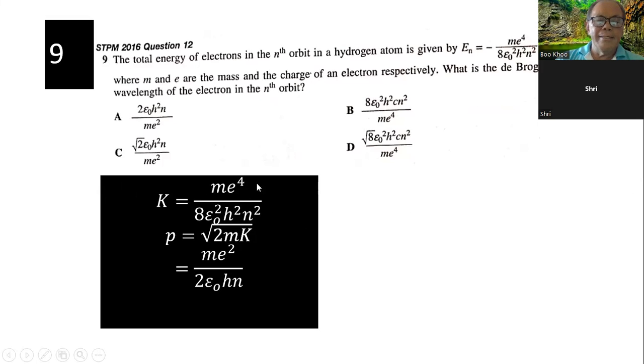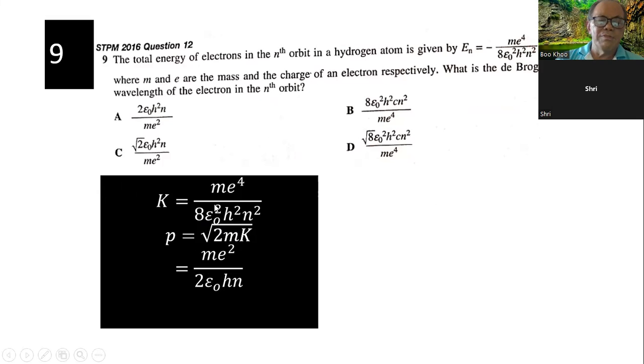Put this one inside there. Right? m square becomes m. Square root of this one becomes e square. Then 2 divided by 8, you still got 4. Square root of 4 is 2.